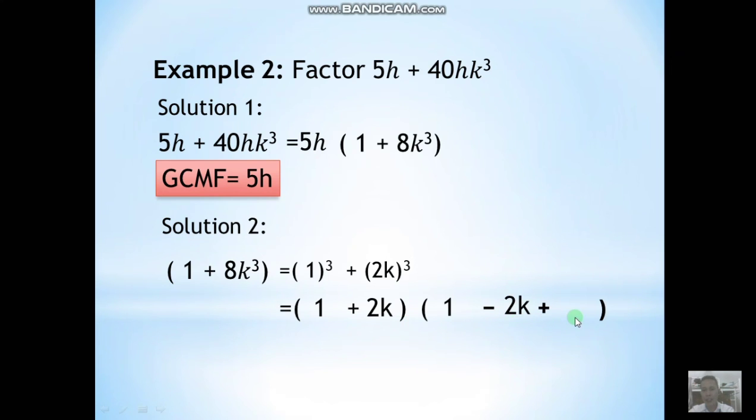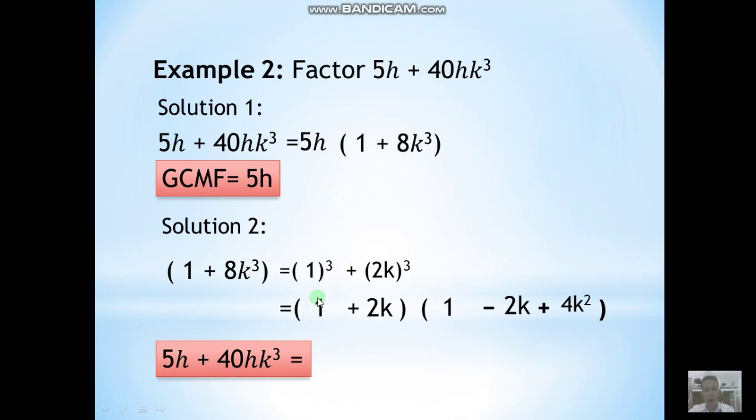And for the last term, how to obtain this? Simply, we need to multiply the last term of the binomial by itself, squaring the last term. That means 2k times 2k, that is 4k squared. So this is now the complete factored form of 1 plus 8k cubed.